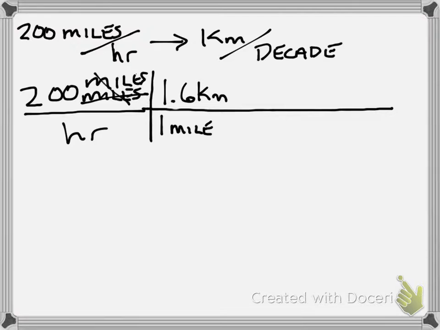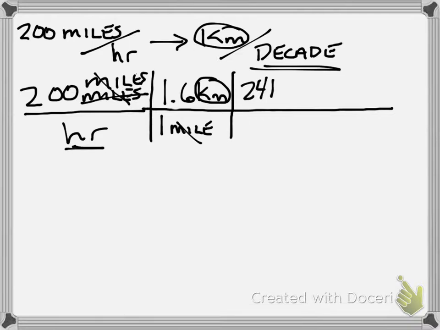So, checking our units, miles is gone, and you're left with kilometers in the numerator, which is exactly what you want. Good. But now we need to focus on taking our hour unit and going into decades. It's going to take quite a long time to get there. So, we have 24 hours in 1 day.